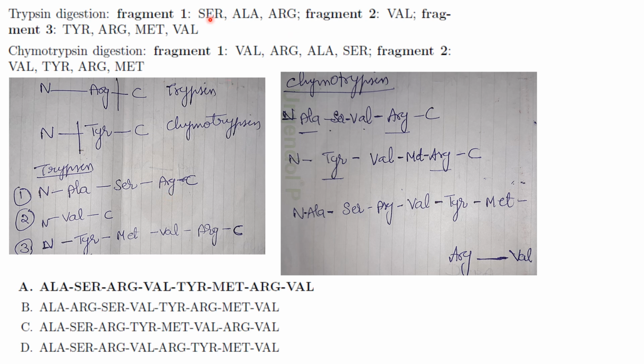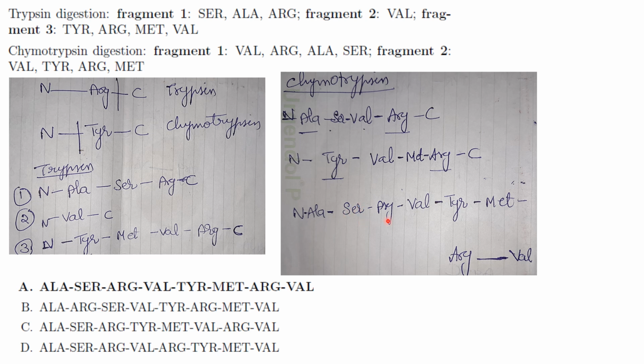Since trypsin digests at the C terminus of arginine, it should cut here. But it doesn't, so after 3 amino acids there is a cut, then comes valine. That is why chymotrypsin digestion gave 4 amino acid sequences.